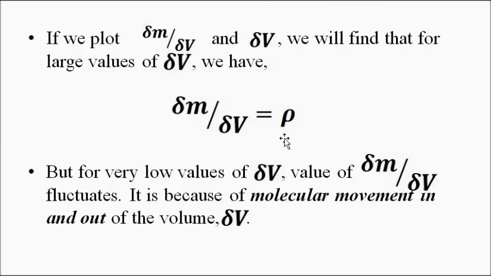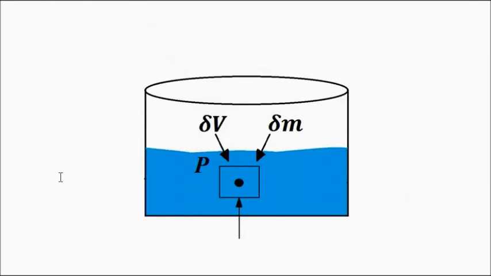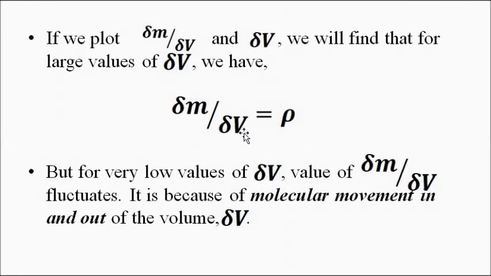But when we go into the detail and keep on decreasing this sample volume delta v, we will find that delta m by delta v, for very small values of delta v, will not be equal to rho.